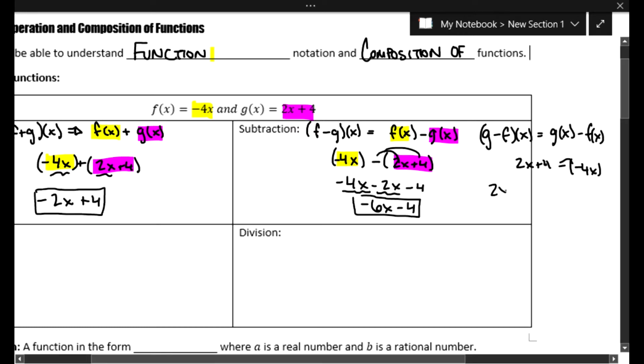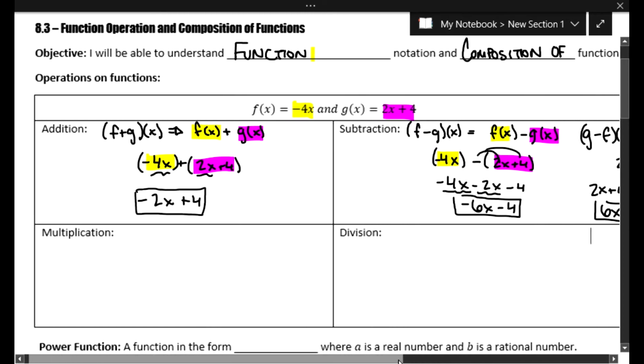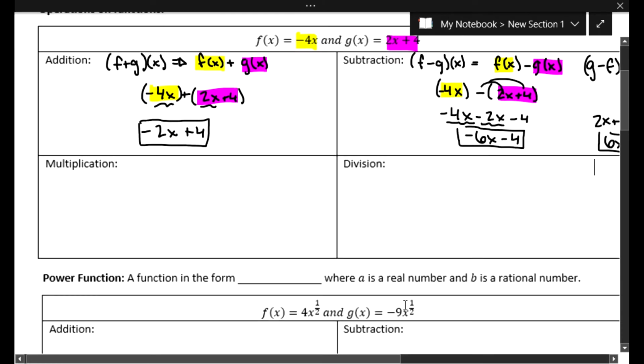So we would get 2x plus 4 plus 4x, which would give us a positive 6x plus 4. So when you're doing subtraction, especially because of that negative getting distributed, you've got to make sure you're doing the right order.